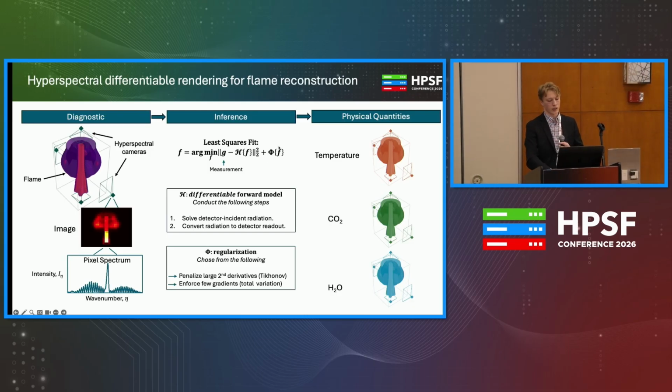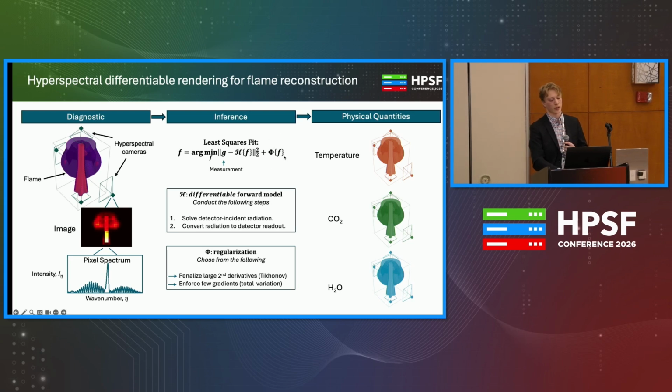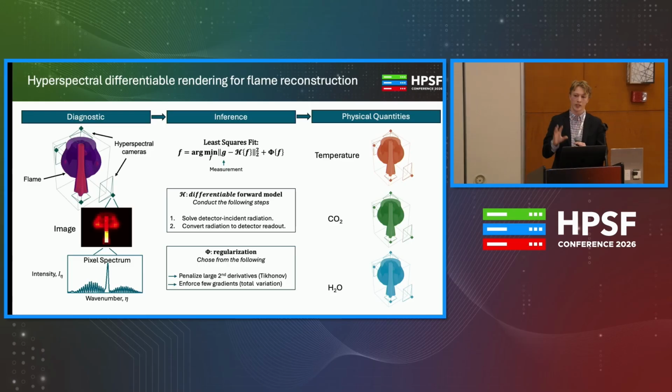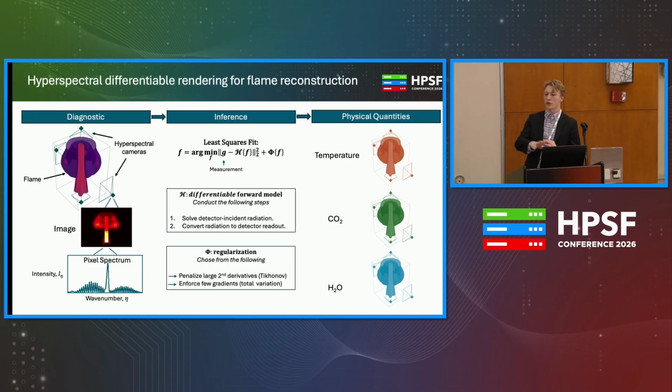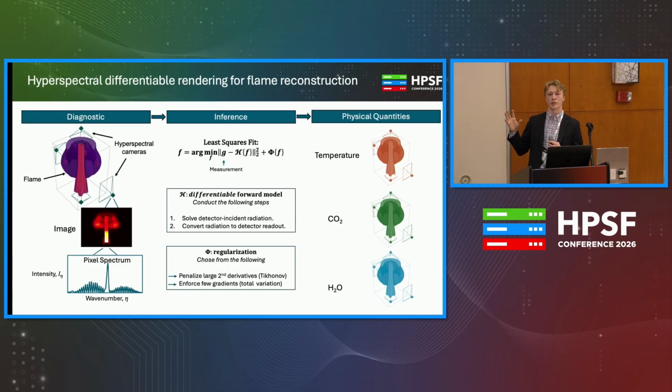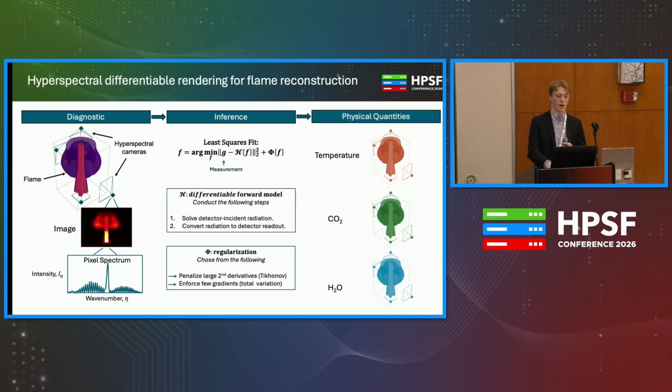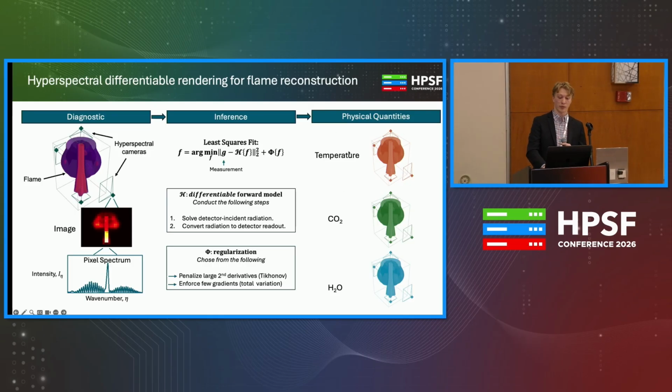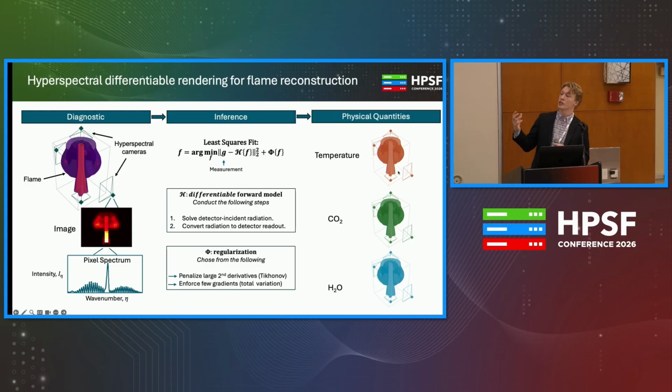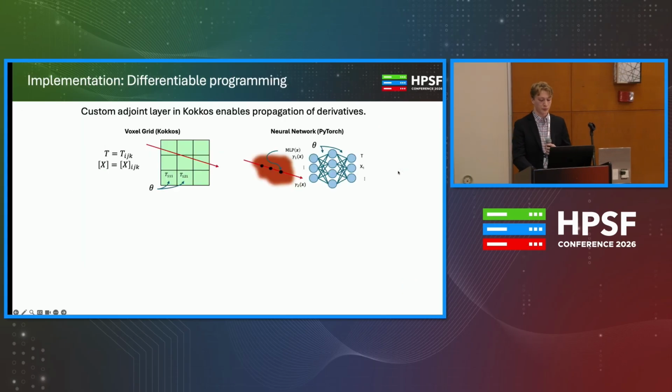It's an ill-posed problem, meaning that there are multiple solutions for this 3D reconstruction that can reproduce those measurements. And so we add a regularizer, which is this phi. Essentially, this phi says not only reproduce the measurements, but also produce something that's physically realistic. Given that optimization procedure, we can then reconstruct the field, temperature and composition everywhere.